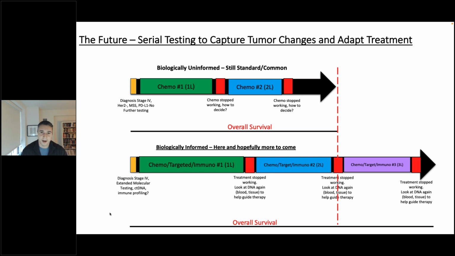How did it figure out a way around this chemotherapy or this HER2 therapy, etc.? And then you use all that information and you pick the second line, and the hope is that we do a better job picking and it lasts longer and it works better so that people live longer, and that's what the red dotted line here is trying to show. And then you just repeat that knowledge and learning process and try to pick the next best therapy, and I would insert clinical trials into all of these stages if they're available and near to you.